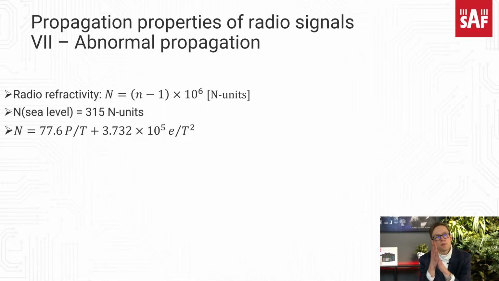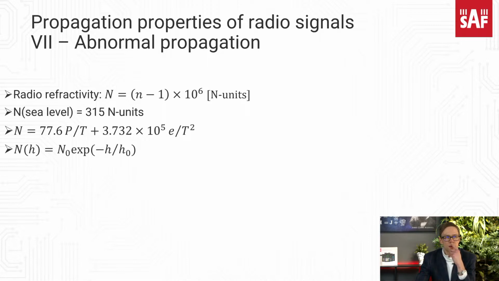This radio refractivity can be expressed in a formula as well, and from this equation we can see that it depends on the pressure, on the temperature, and on the humidity, or partial pressure of water vapor in the atmosphere, which is denoted by e. We can find this using a formula which is mentioned in the ITU recommendations as well.